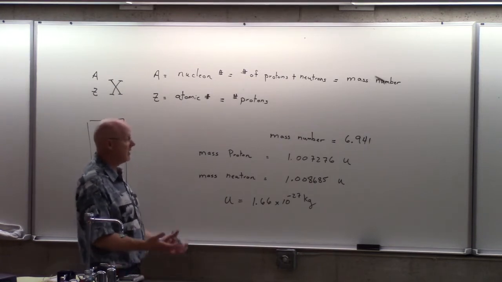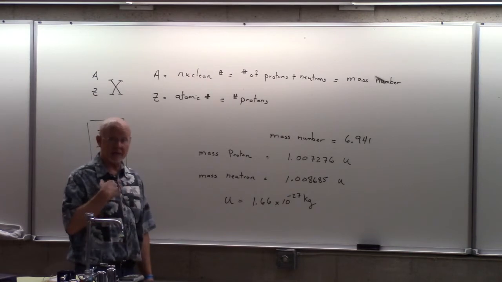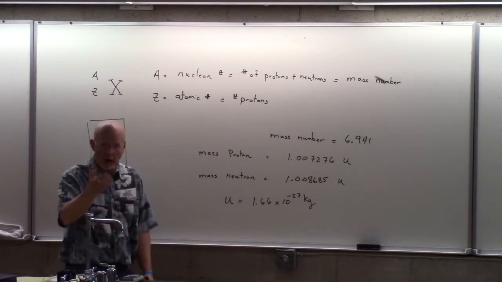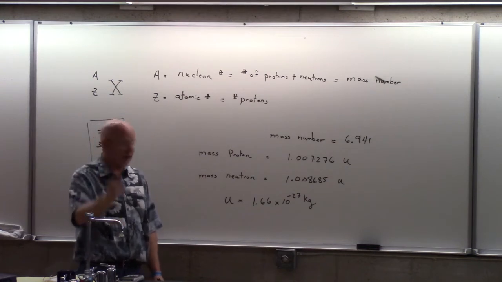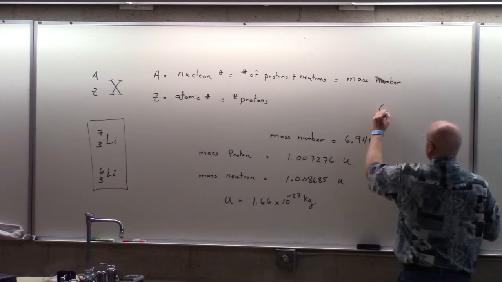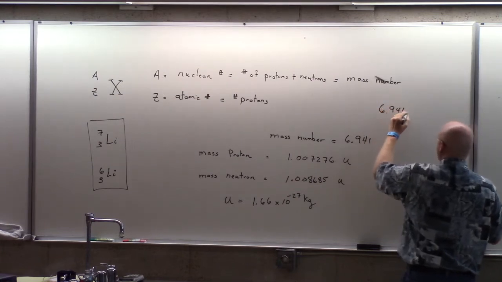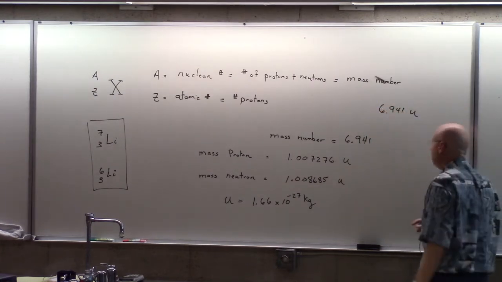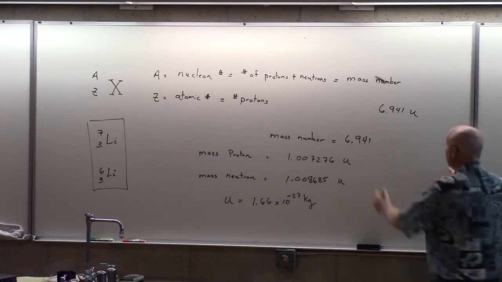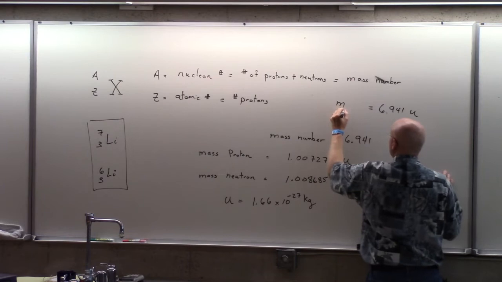But this does help, because if you were to ask me how much on average does 1 atom of lithium weigh, I would say, okay, 6.941 atomic mass units. That is the mass of 1 atom of lithium.